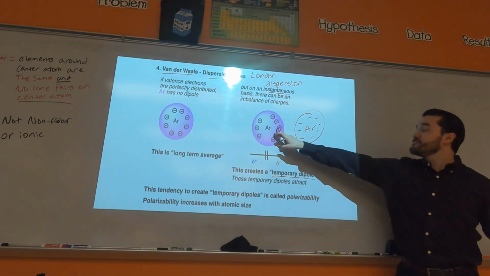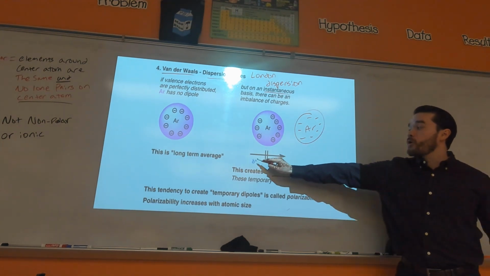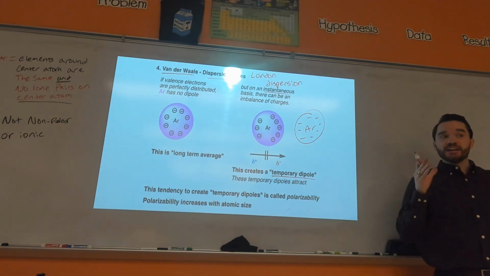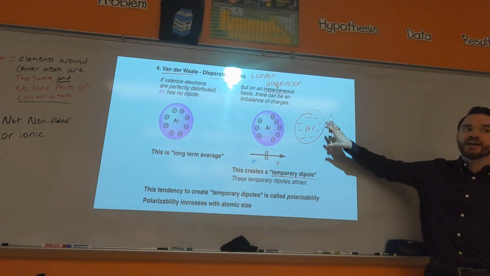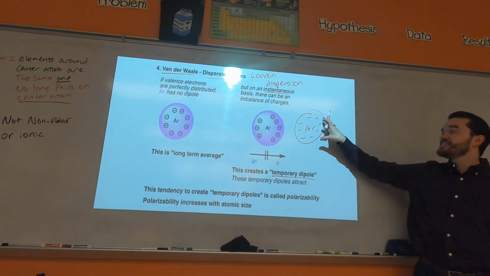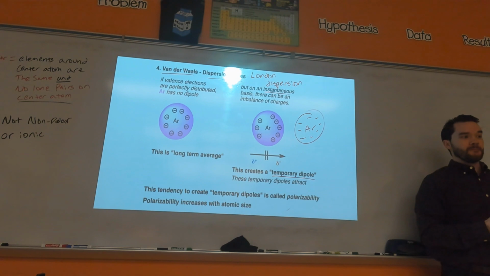Think about it. This molecule gets a partial negative, a partial positive charge, just by chance. What would happen to this molecule that's right next to it, that does have its electrons evenly spaced out? Think of the wave in a stadium.